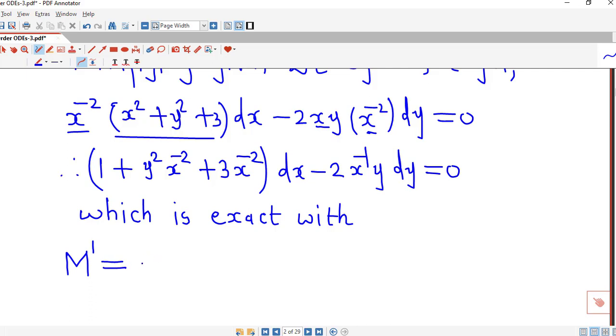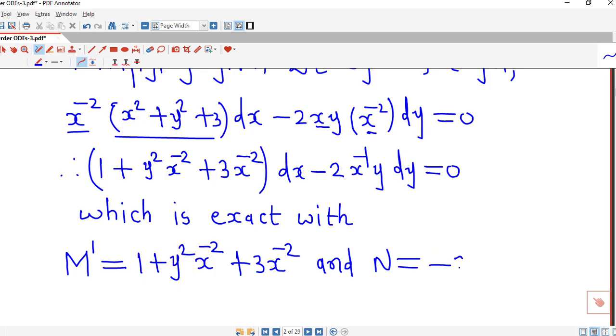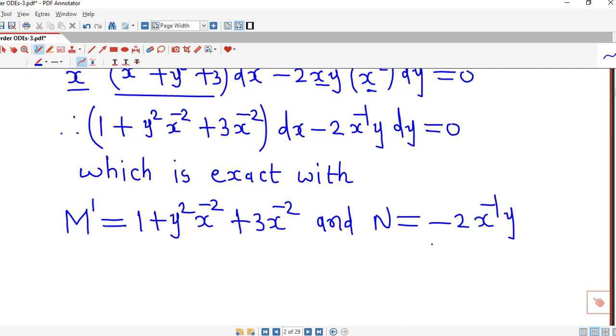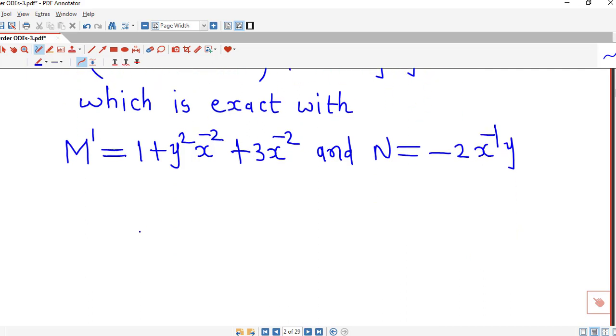M is already used, so M dash equal to 1 plus y square x raised to minus 2 plus 3 x raised to minus 2 and capital N equal to minus 2 x raised to minus 1 y. If we wish we can check whether this is exact or not, but you don't have to write or prove that this is exact, because after multiplying integrating factor it will always become exact.